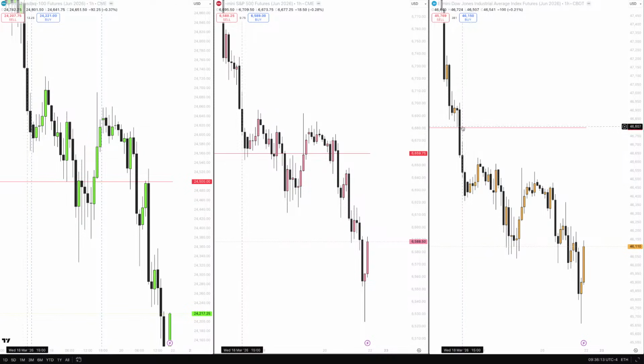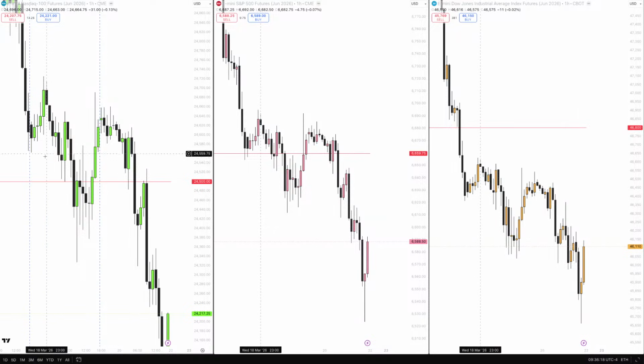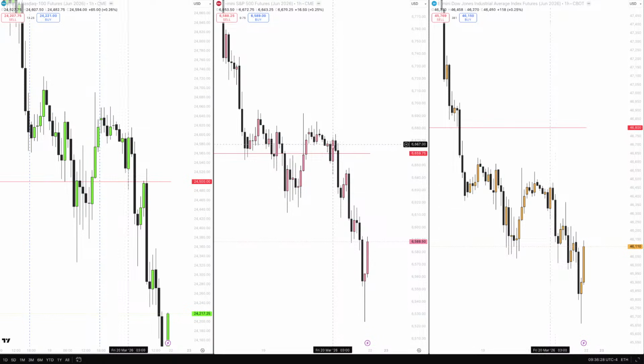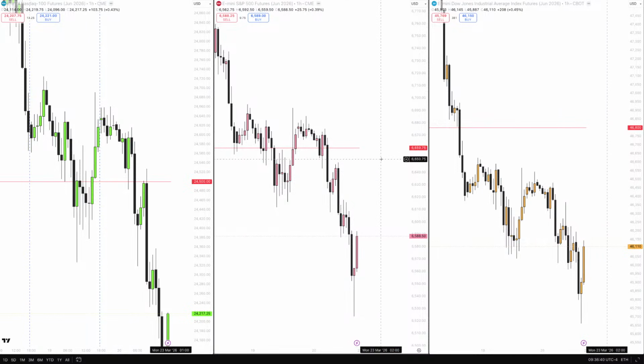Like we had here, we already displaced to the downside on YM, but NQ and ES kind of stayed in that area of the new week opening. But as soon as we saw on Friday that we finally got the displacement to the downside on NQ and ES, then you can say that, okay, now there's nothing in the way for us to continue to the downside.